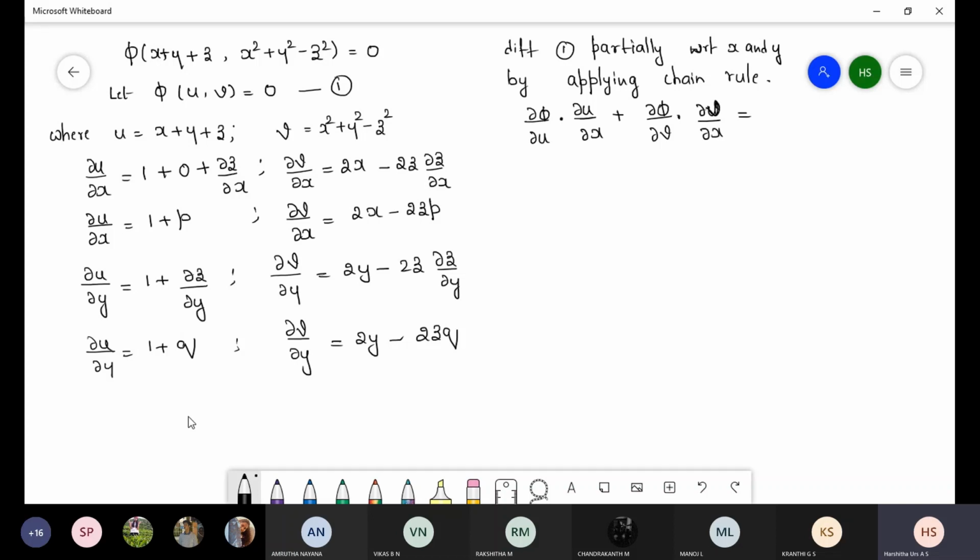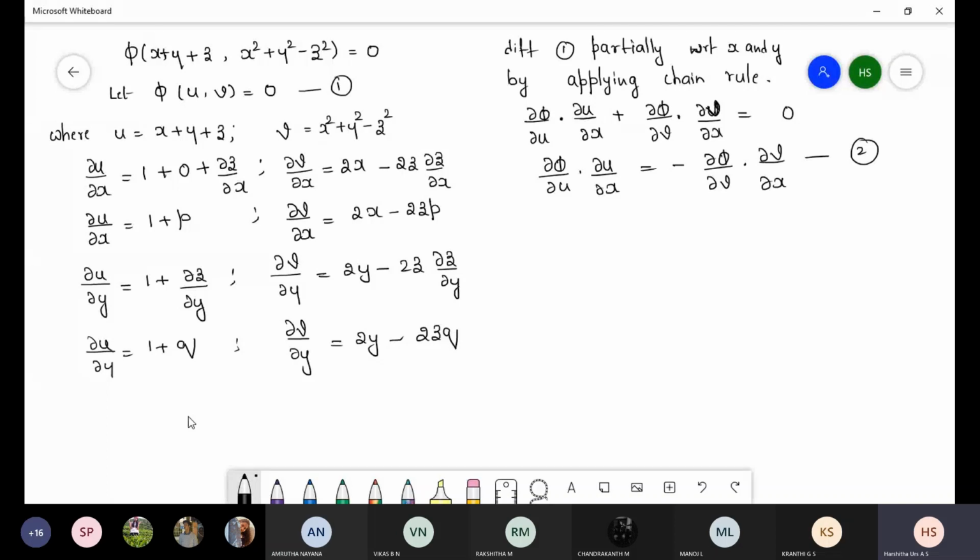So here it is equal to 0. Dou phi by dou u into dou u by dou x is equal to minus of dou phi by dou v into dou v by dou x. Call this equation 2.